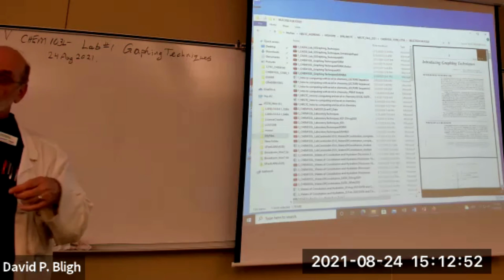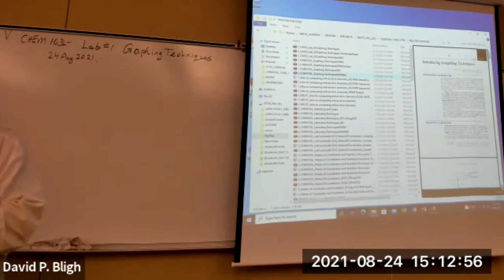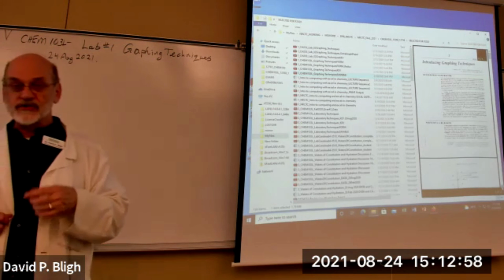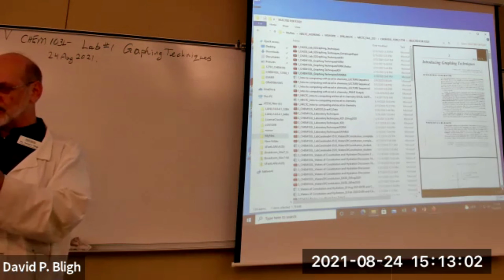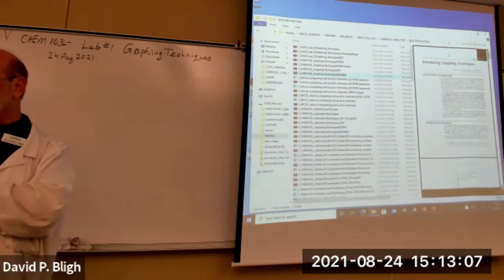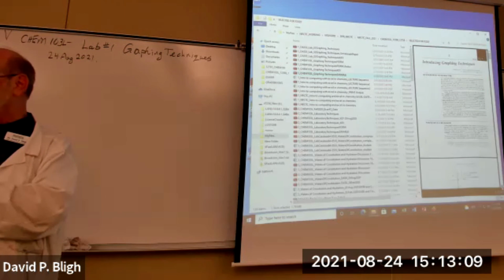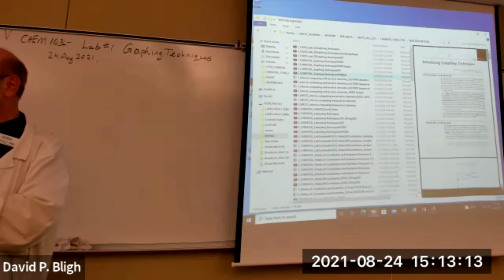If you create your lab notebook and you start filling information into it, think about it in those terms. Do I understand what I'm writing? Could I go back in a couple of hours and read it and understand what I just wrote? Or if I write a report, does it make sense? If you've got somebody in your family that's willing, let them read it, see if it makes sense to them.